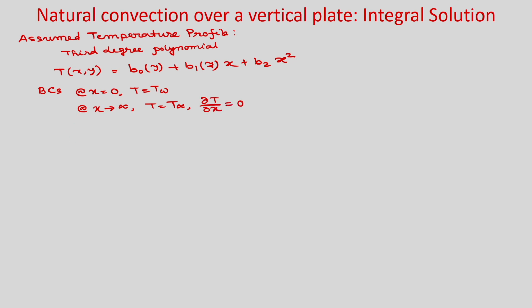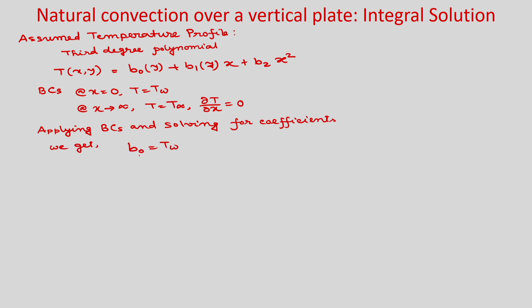So, applying boundary conditions and solving for the coefficients, okay, we get b 0 is equal to T w, b 1 is equal to minus 2 (T w minus T infinity) by delta, and b 2 is (T w minus T infinity) by delta square.